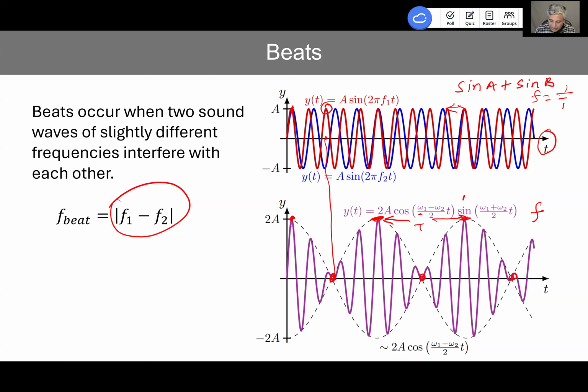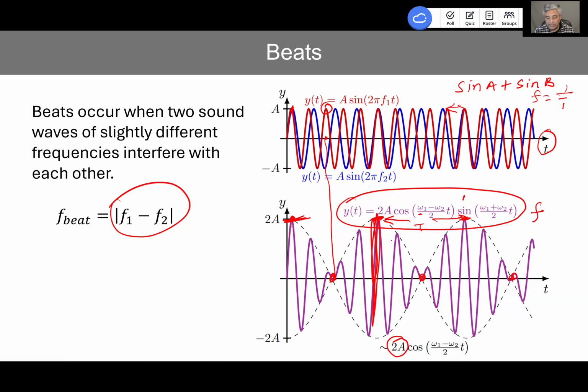Mathematically, this wave is written something like this. And how is the amplitude changing here? The amplitude is not just 2 times A, which is the maximum value, but now the amplitude depends on frequency as well. See, it has a frequency inside this cosine, the difference in frequency.